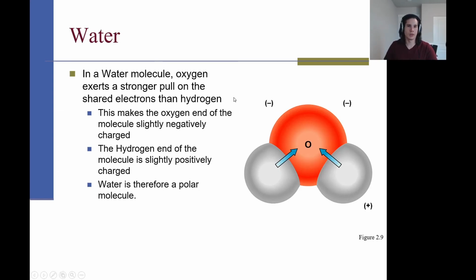Okay. So in a water molecule, oxygen exerts a stronger pull on the shared electrons than hydrogen. Partial negative charge on the oxygen. This makes the oxygen end of the molecule slightly negatively charged. The hydrogen end of the molecule is slightly positively charged. Water is therefore a polar molecule.